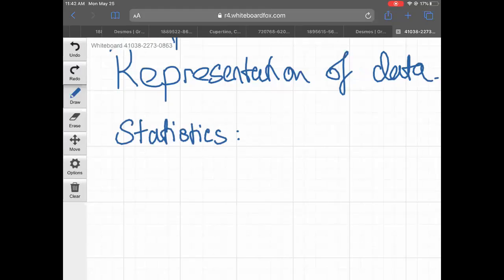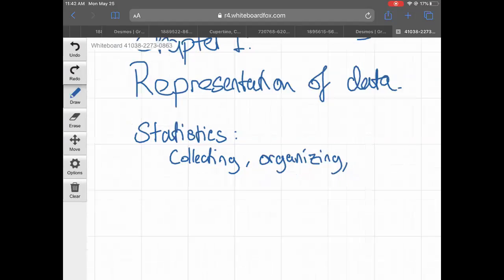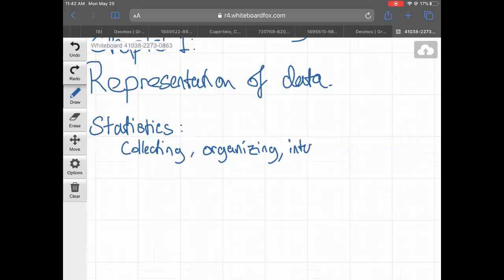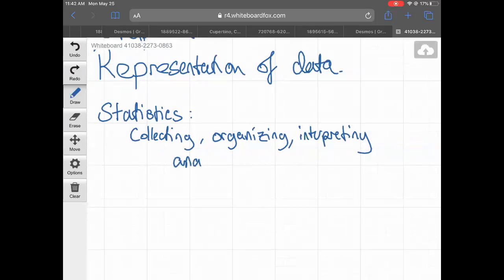I would say statistics is a way of collecting, organizing, interpreting, and analyzing data.